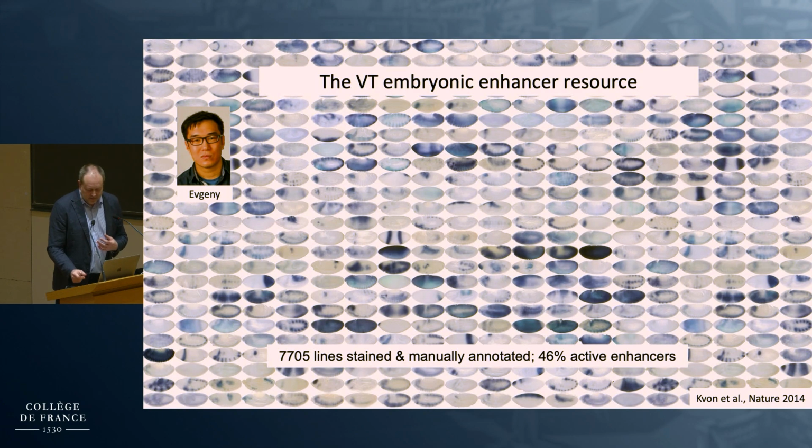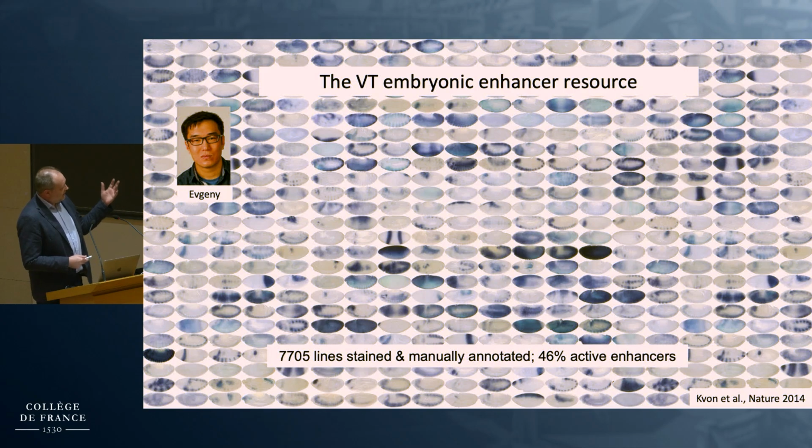And overall, this work led to a great resource where for, again, more than 7,700 DNA sequences, we now had their enhancer activities. 46% of them were active in very diverse patterns, such as those that you see in the background of this slide, from very simple stripe-like enhancers in early embryogenesis to later enhancer activities that trace entire organ systems, again, like for example the central nervous system enhancer.